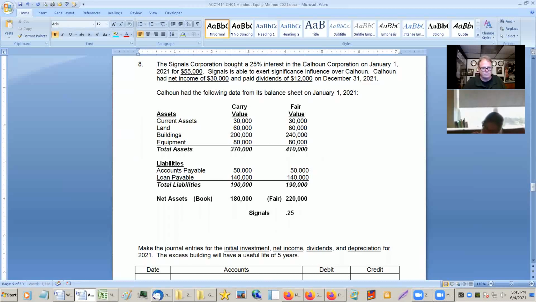That's how they came up with the price: you take 25 times 25%, which equals 55,000.